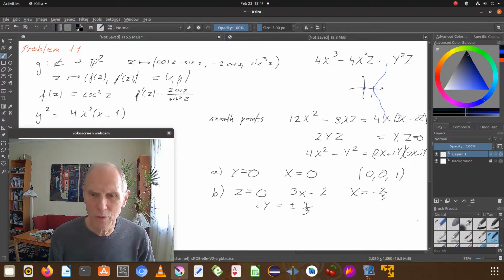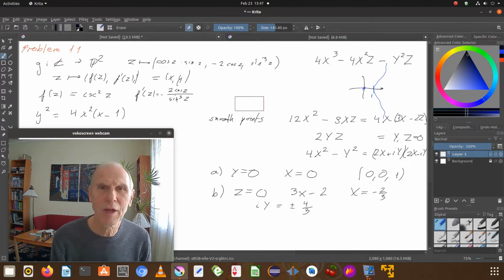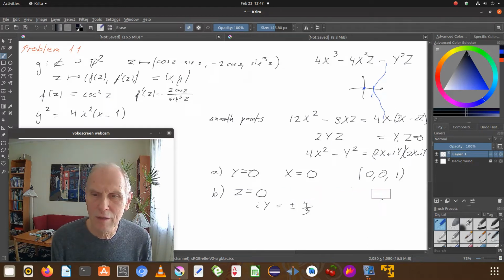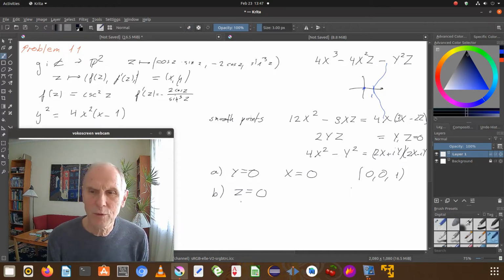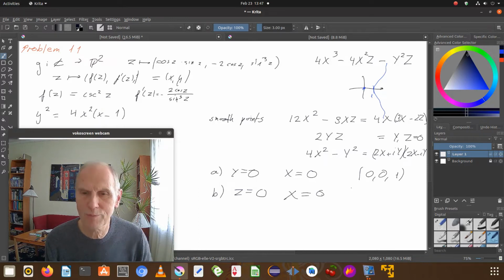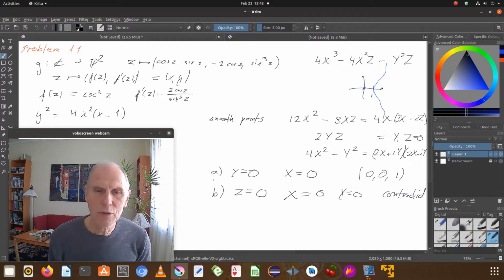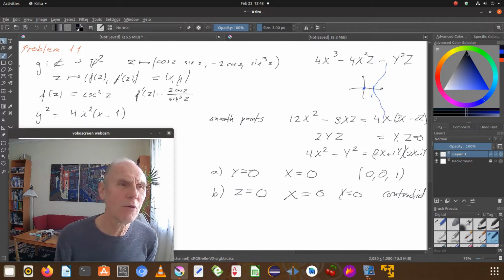So all this is wrong. So if z vanishes, then x vanishes as well. Of course, the other thing, getting a number, was insane. And then y values as well. Contradiction. So we only have the one singular point.